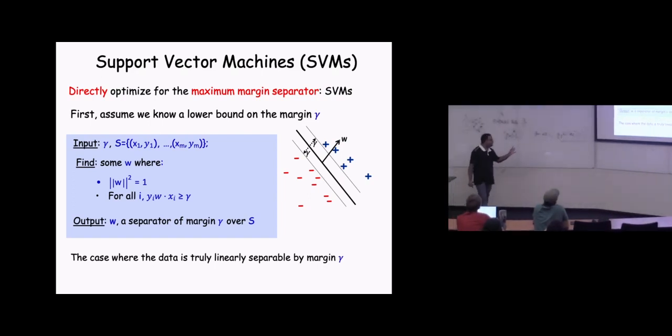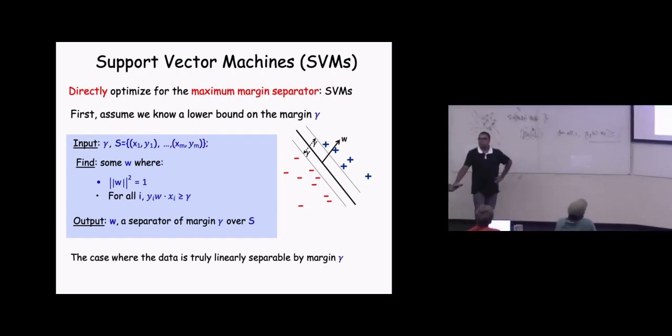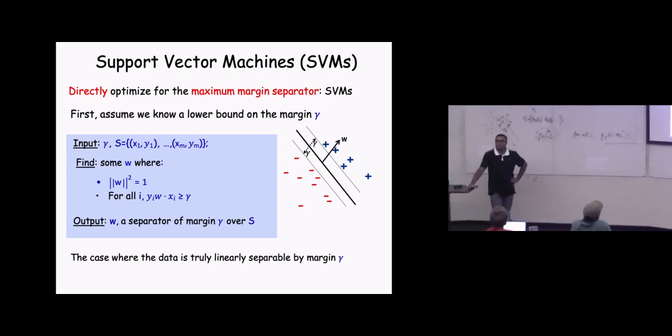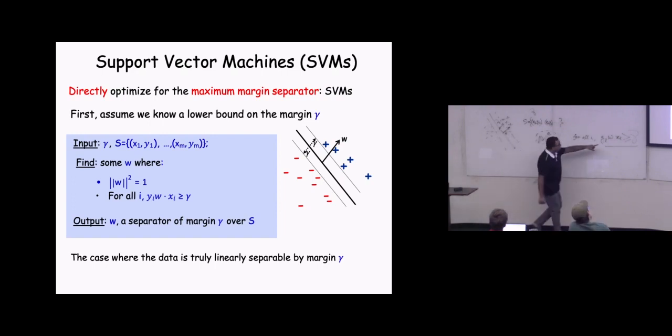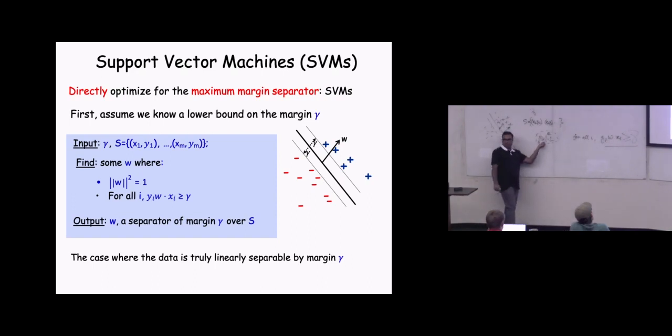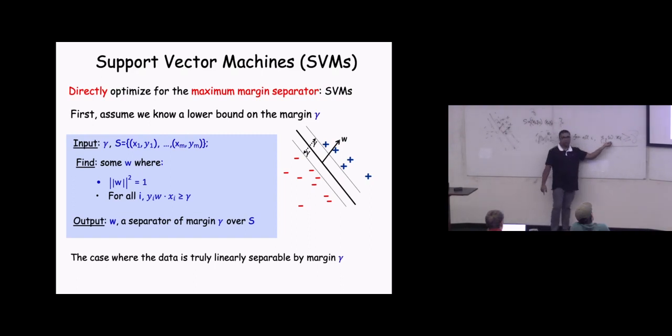What does this really mean? Where is it coming from? What does it tell about W? Because we're trying to figure out W. W should be such that it's a unit vector by definition, and W does what?